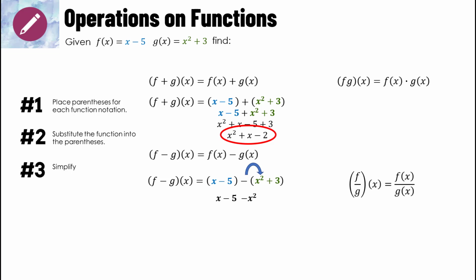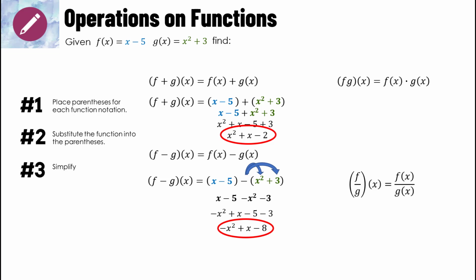So negative times x squared is negative x squared. Negative times 3 is negative 3. Now we want to write it in descending order. So I have negative x squared plus x minus 5 minus 3. Let's collect like terms. So negative 5 minus 3 is negative 8. So our final answer is negative x squared plus x minus 8. Let's look at the next one.